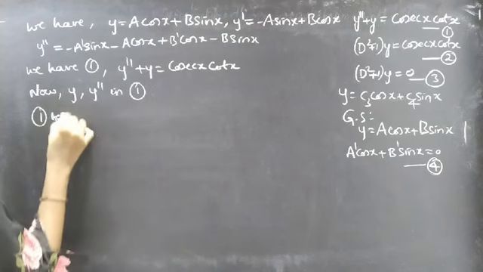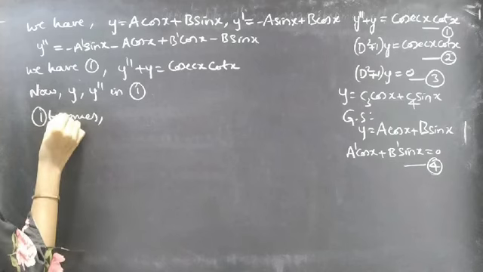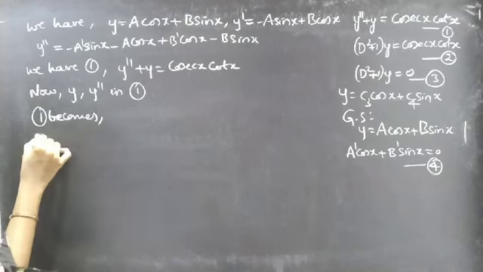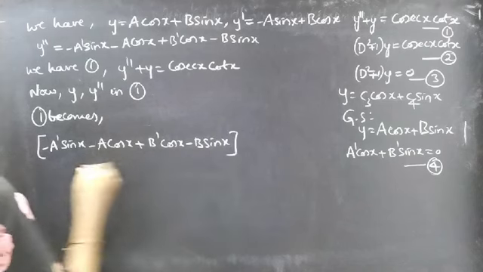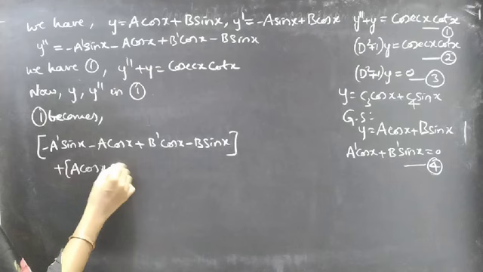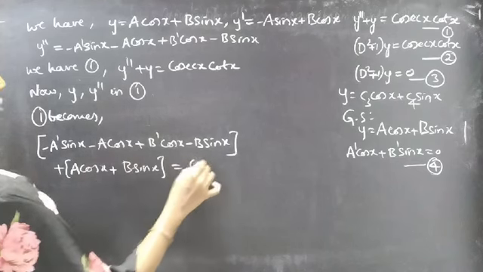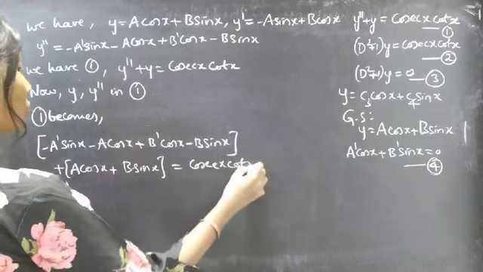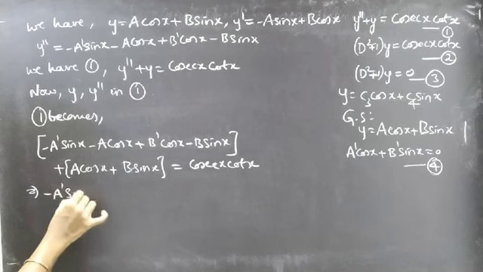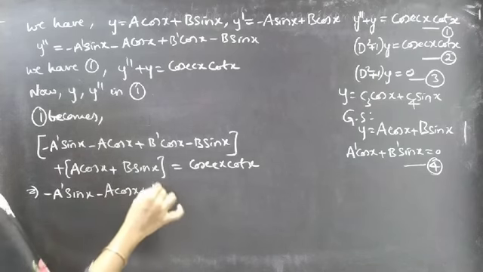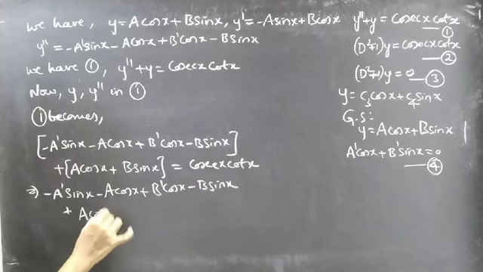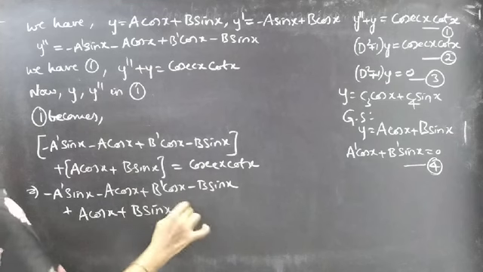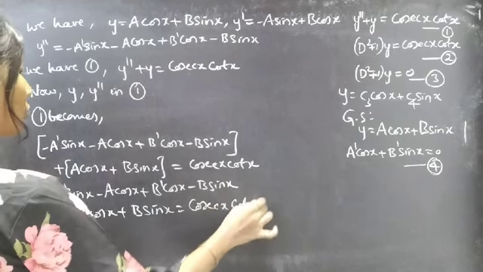Equation 1 becomes minus a' sin x minus a cos x plus b' cos x minus b sin x plus y, which is a cos x plus b sin x, equal to cosecant x into cot x, right?